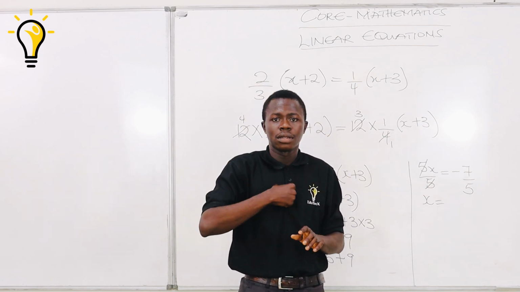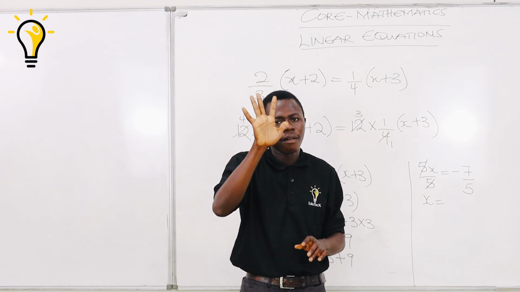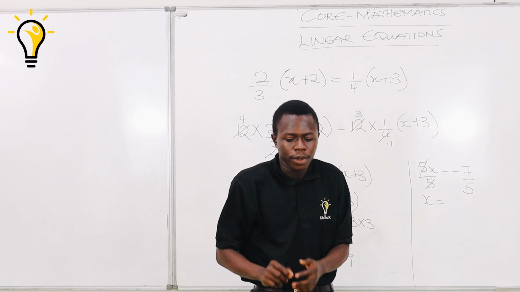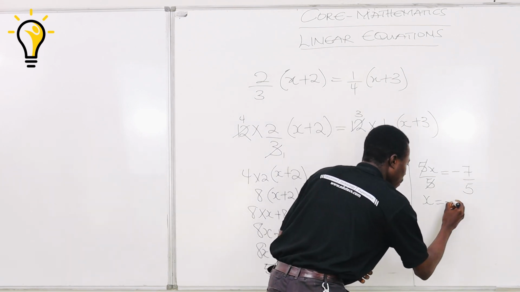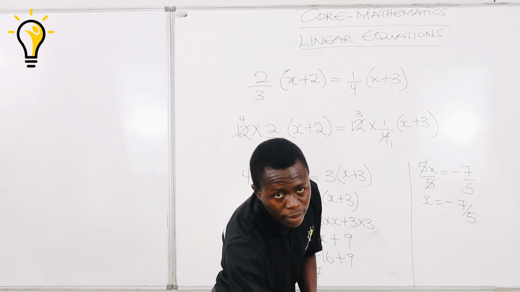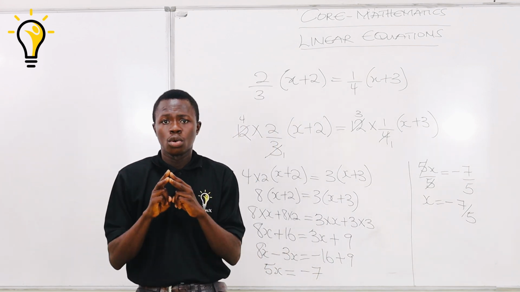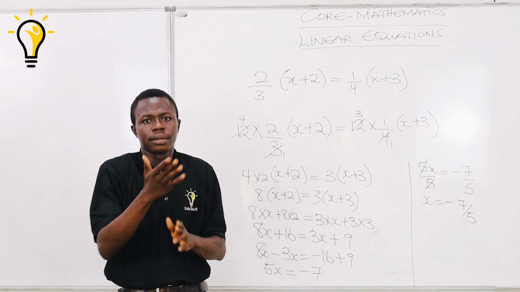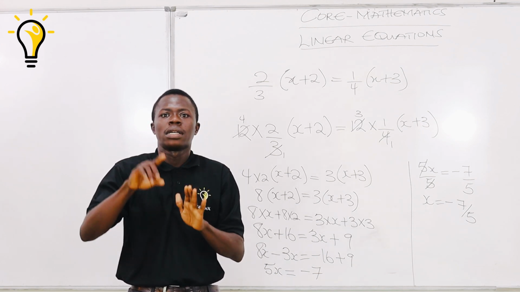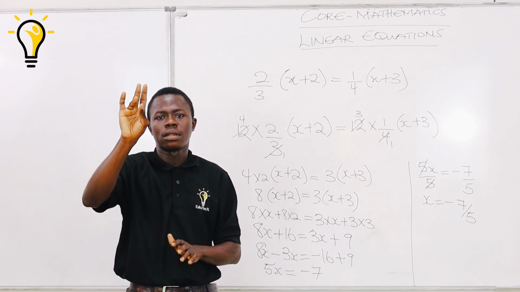Minus 7 divided by 5. That would be the answer. So let's write that as well. Minus 7 divided by 5. So the final answer is going to be x equals minus 7 divided by 5.